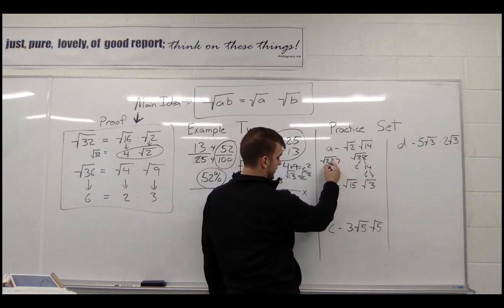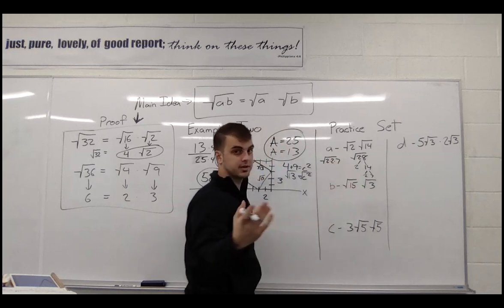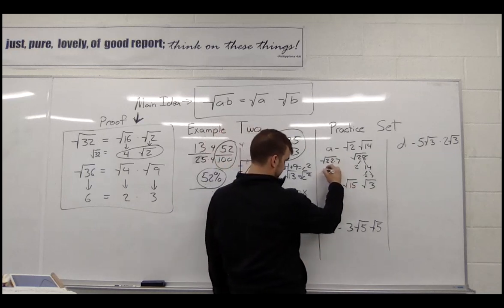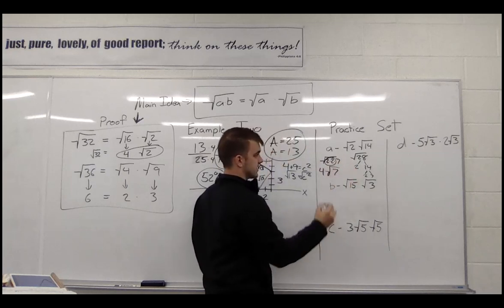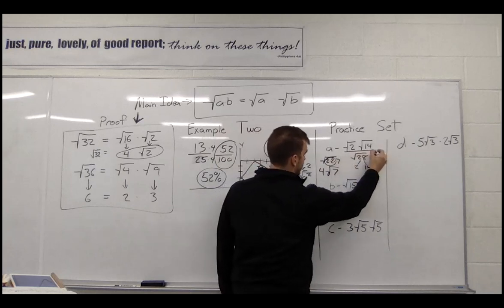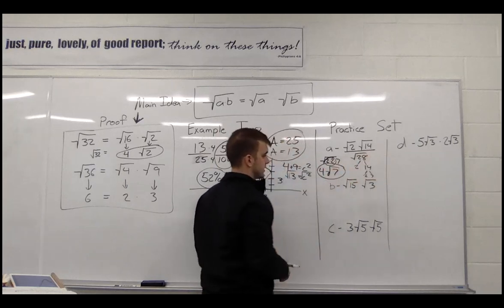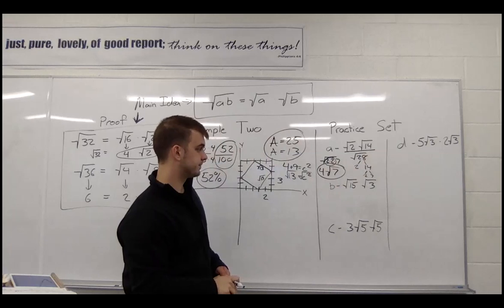The square root of 2 times 2 times 7, you know that 2 times 2, the square root is 2, so we pull that out. You find the groups of 2, pull the 2 out into here. What's left on the inside? 7. So the simplified answer for this right here is 2 times the square root of 7.